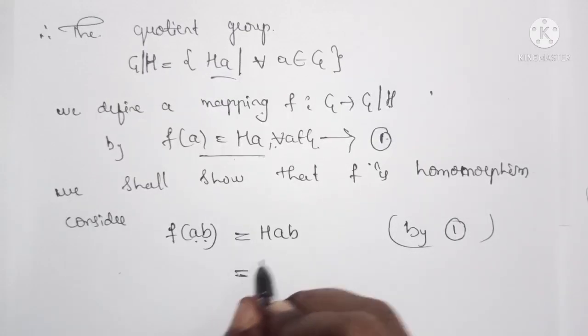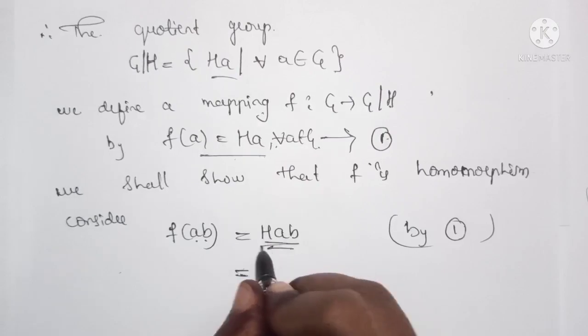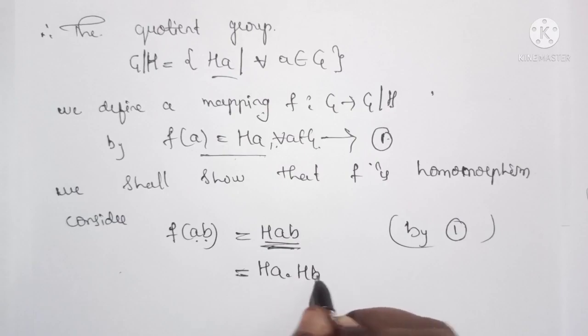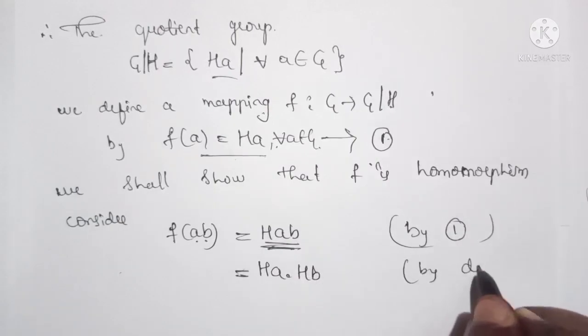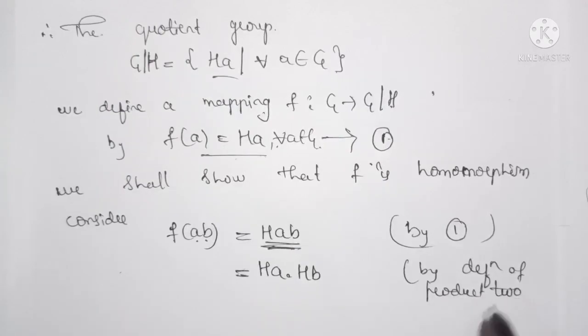Now by the product of two cosets, HAB can be written as HA into HB. This is by the definition of the product of two cosets.